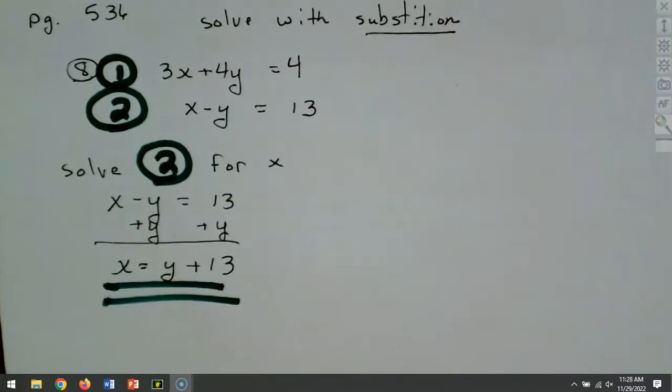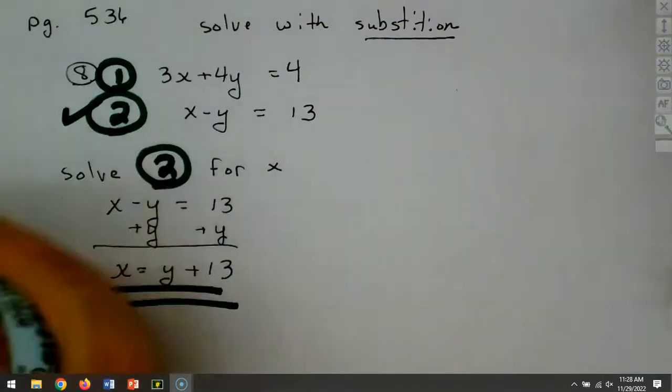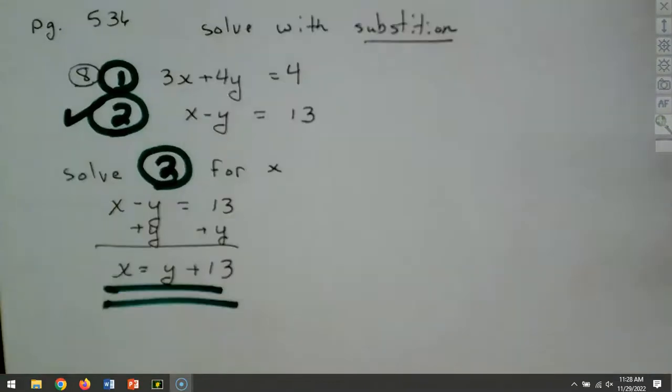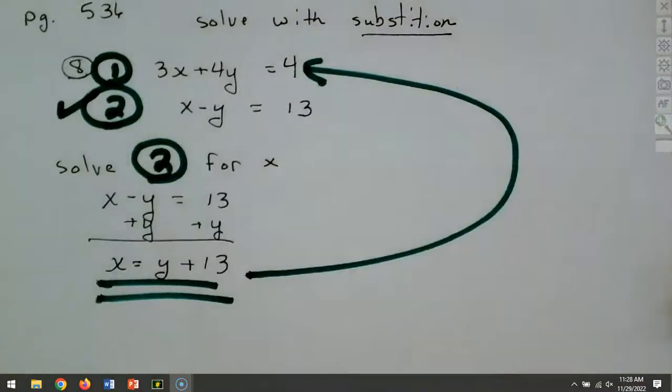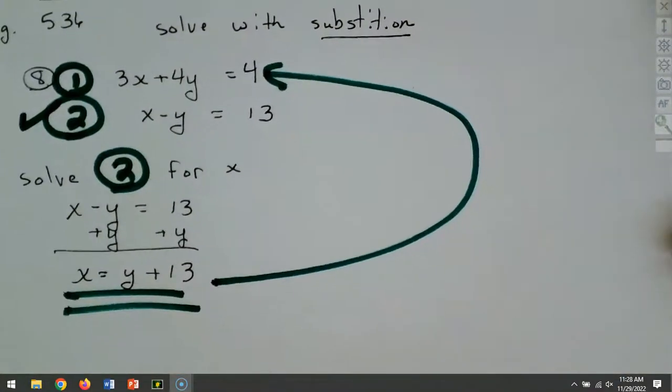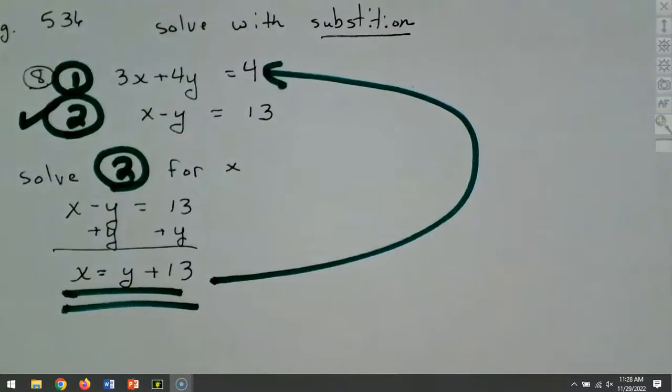We took the second equation, right? And we solved that for the variable x. Now what we have to do is we use that second equation. You have to use them both. So I checked it off because we used it. We have to use the first one. So we now take this and we substitute it into the first equation.